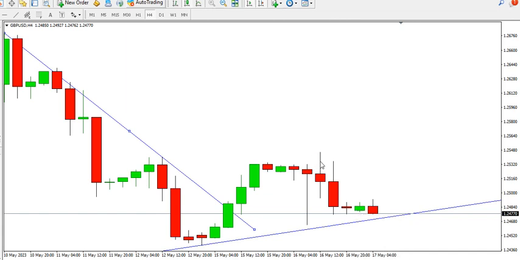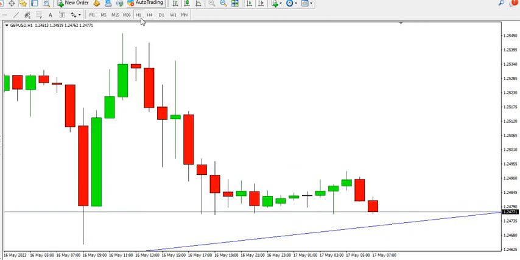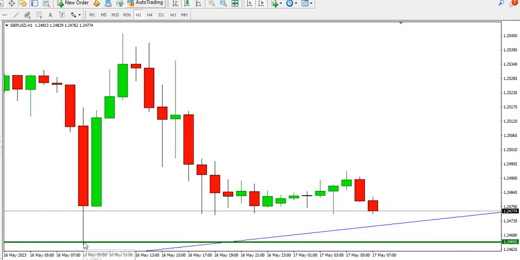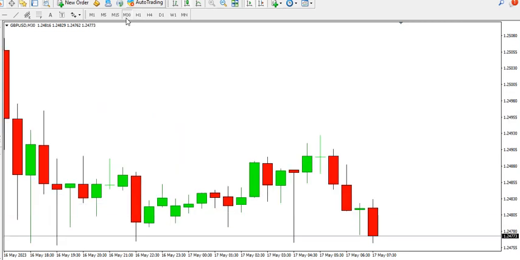We might see a continuation of yesterday's downward movement today, so you might want to look for selling opportunities. Price might first of all clear this particular structure here. 1.24655 might be the next target for price. It's already breaking out to the downside, so look for selling opportunities on cable GBPUSD.